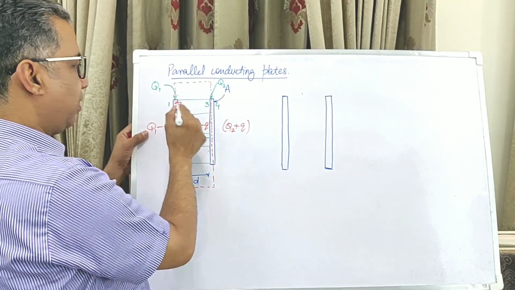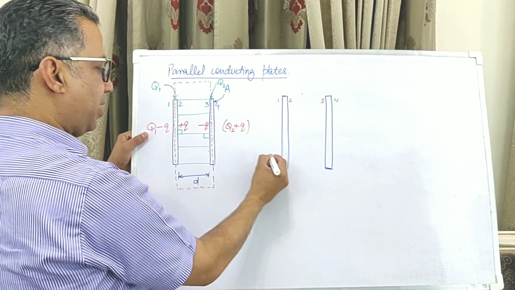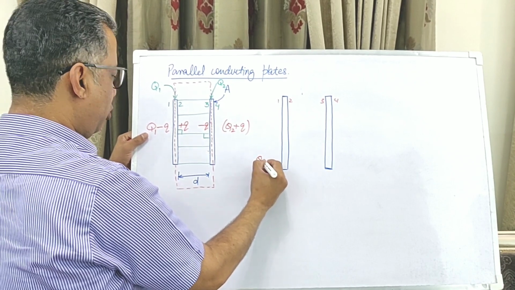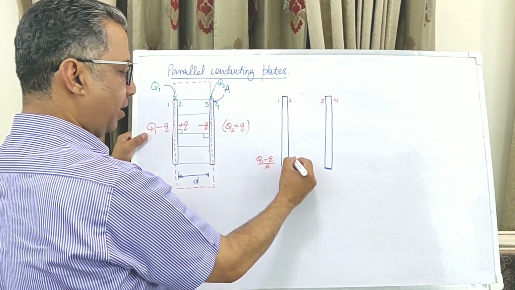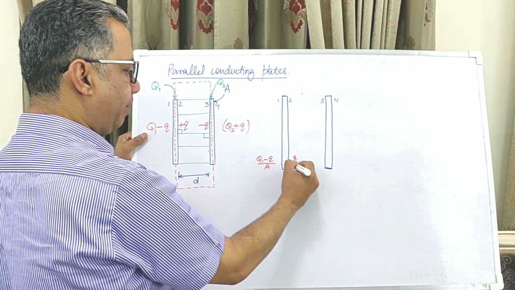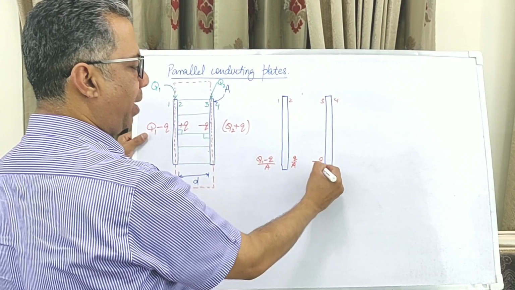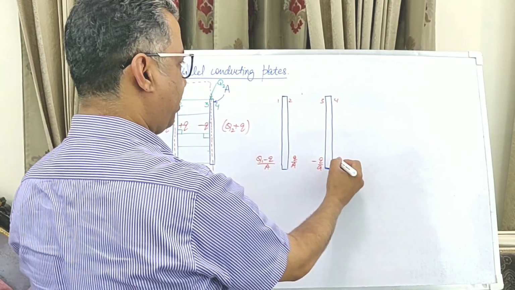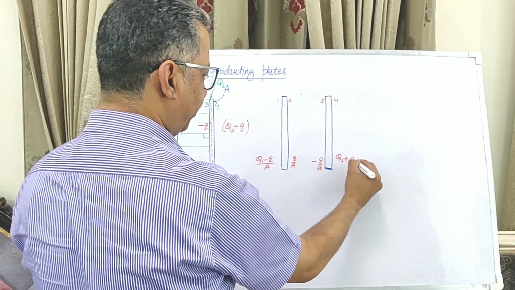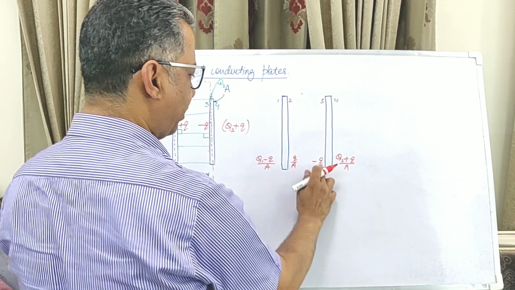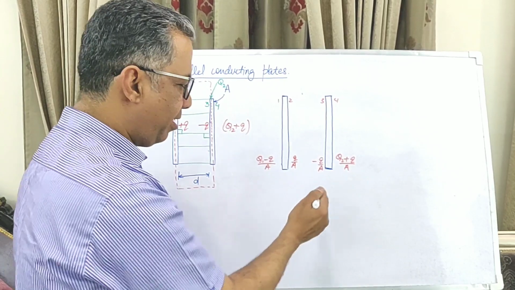So on surface 1, 2, 3, 4, on surface 1 the surface charge density will be Q1 minus small q by the area A. Surface charge density on this surface is Q by A. Surface charge density here is minus Q by A, and surface charge density on this surface is this charge by area A. These are the surface charge densities. I made the correction there.